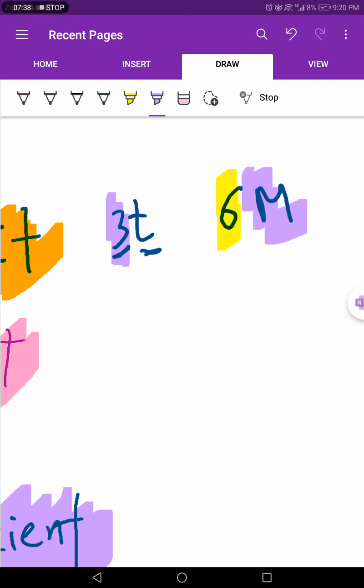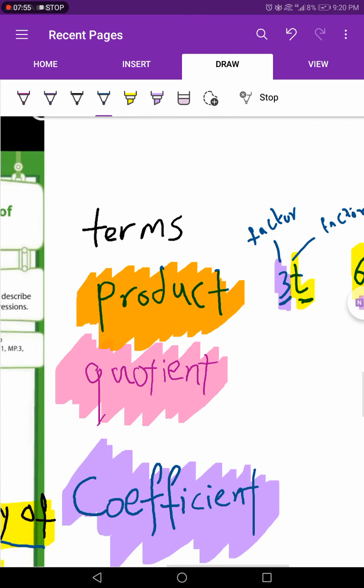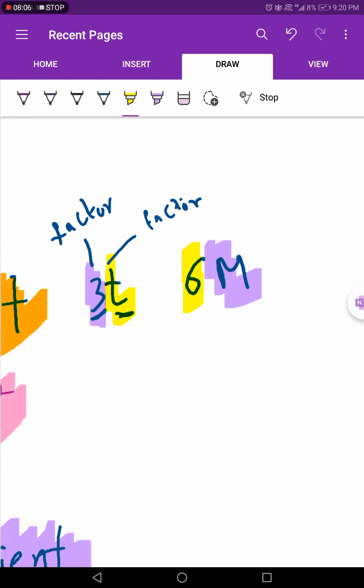We call each one a factor. So the product comes from multiplying factors. The product is factor multiplied by factor.